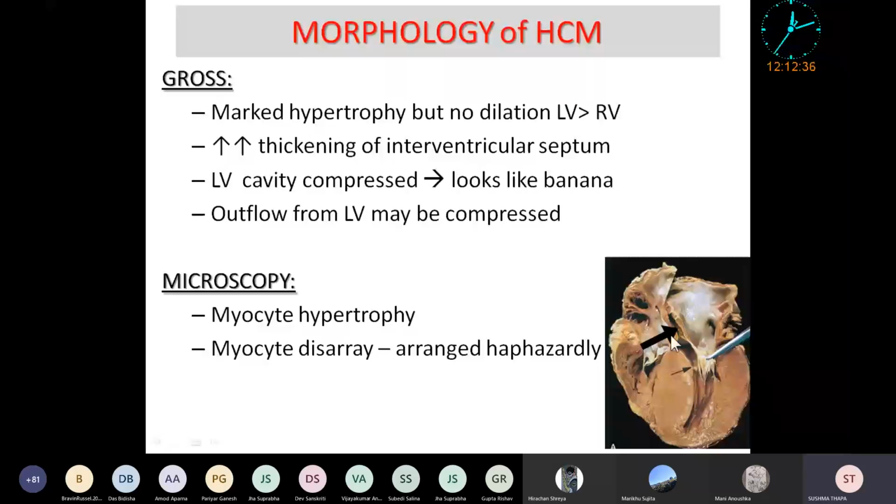Histologically, obviously the cardiac muscles are hypertrophied, and there is a disarray of the myocytes, meaning they are arranged haphazardly. Histologically you can also make out that the size of the cardiac muscles is enlarged. I don't have a picture here.